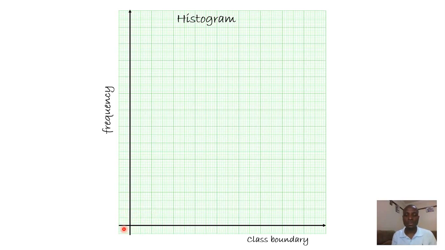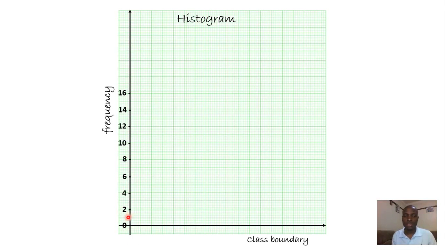So if you start with 0, since we have 16, we can say each centimeter is going to be 1 frequency. So we shall have 1, 2, 3, 4 like that for each centimeter. So we shall start with 0, then 2, 4, 6, 8, then 10, 12, 14, and then 16.